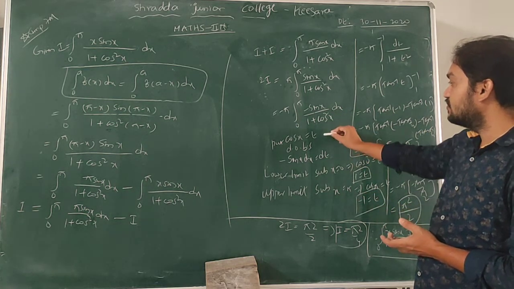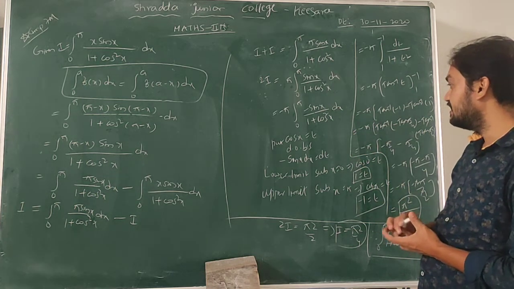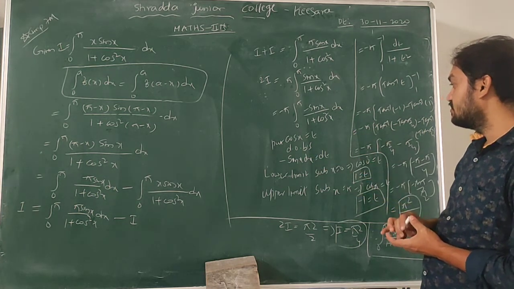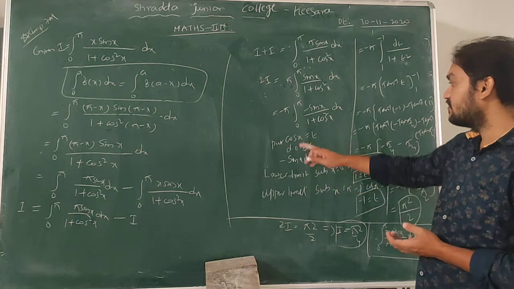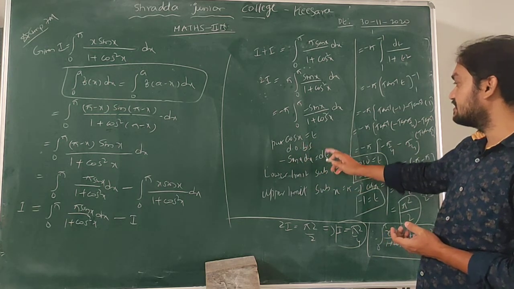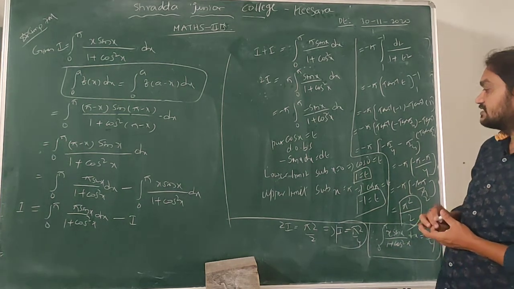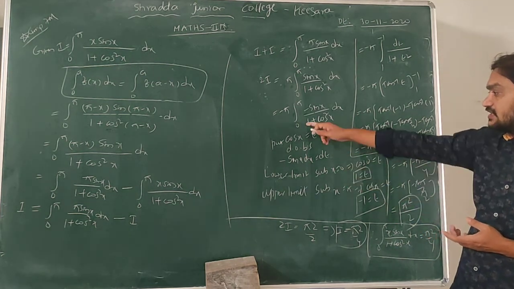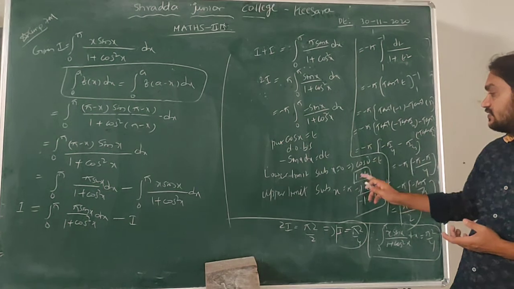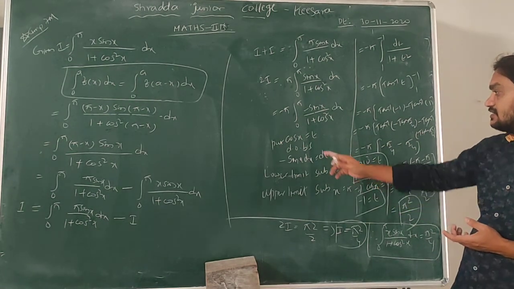Now here put cos x equals t, and differentiating on both sides, d of cos x, that is minus sin x dx, equals dt. So what is the lower limit here? Substitute in place of x, that is 0, then t equals 1.